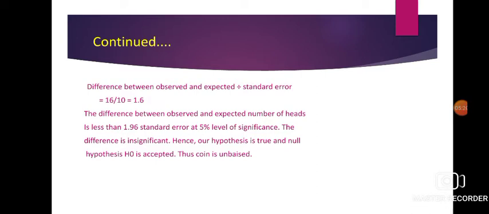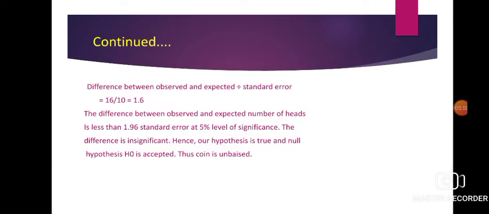And then we have to calculate the following: difference between observed and expected divided by standard error is equal to 16 by 10, which is equal to 1.6. The difference and standard error are already calculated, that is 16, and standard error is 10, so 16 by 10 is equal to 1.6.